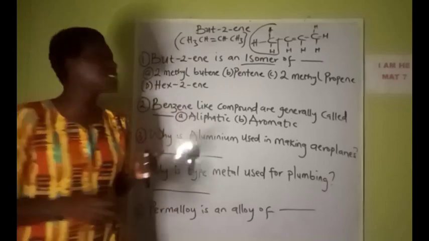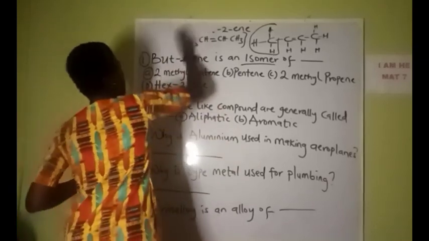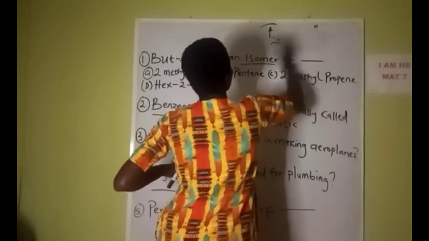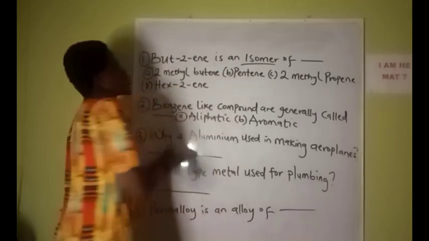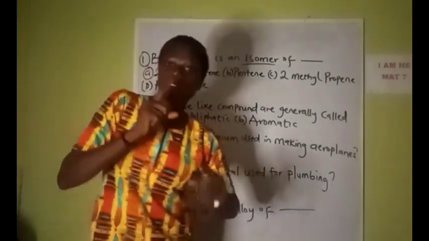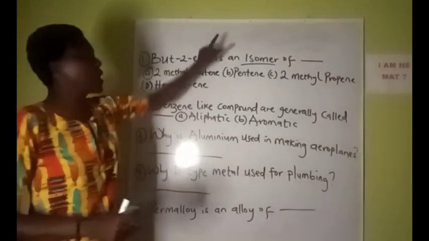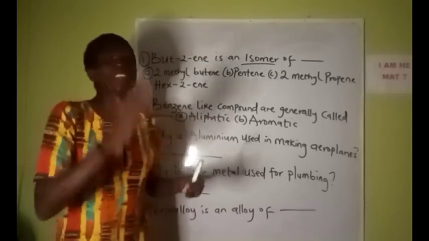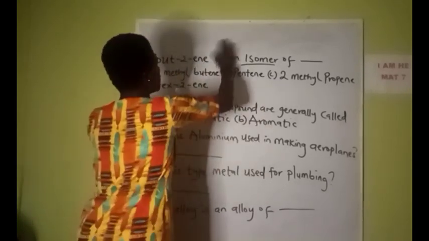Let me explain. When you're trying to have an isomer of a particular compound, it means you'll be reducing one carbon. For instance, if you're having propene, instead it will be ethene. So the carbon will be reducing. Let me enumerate this one more time.